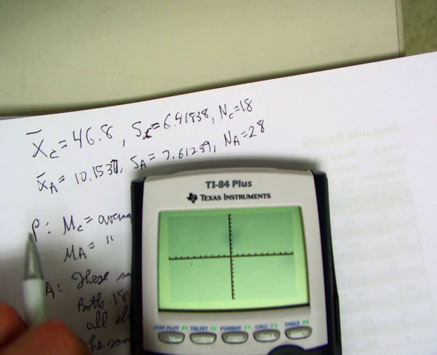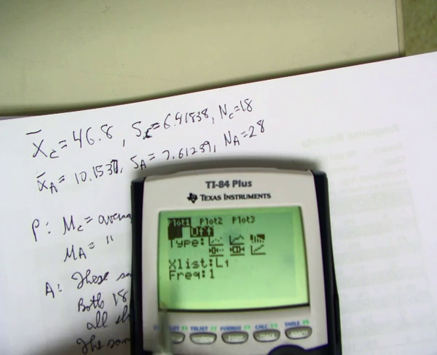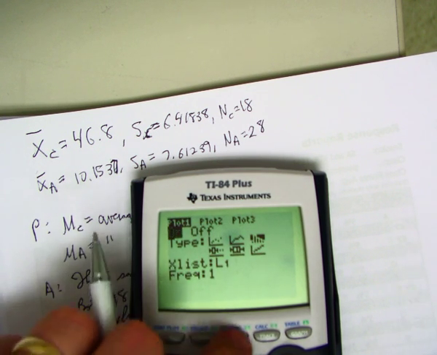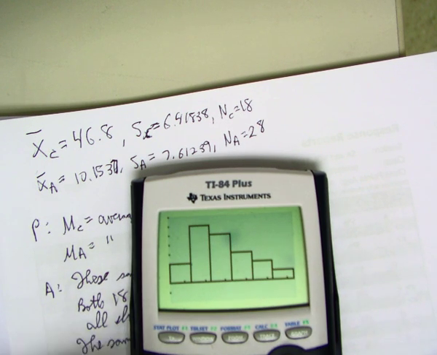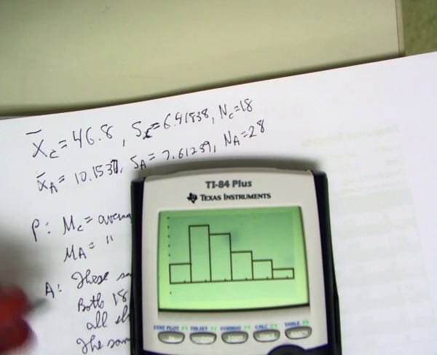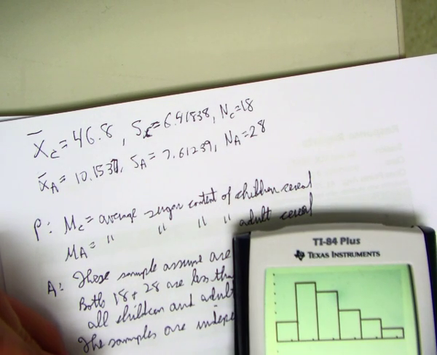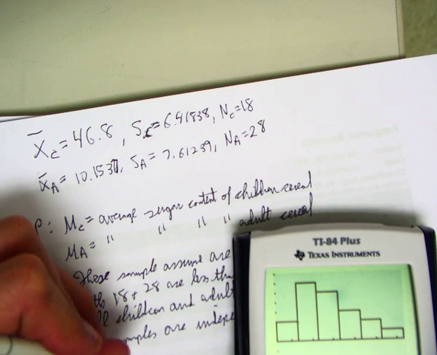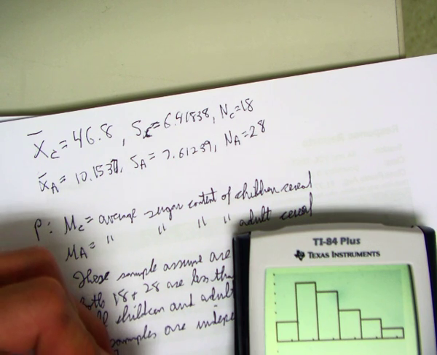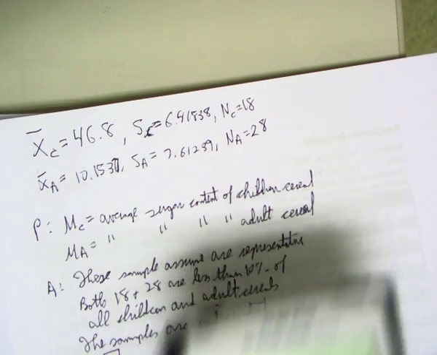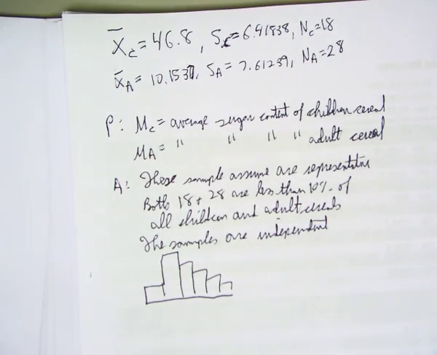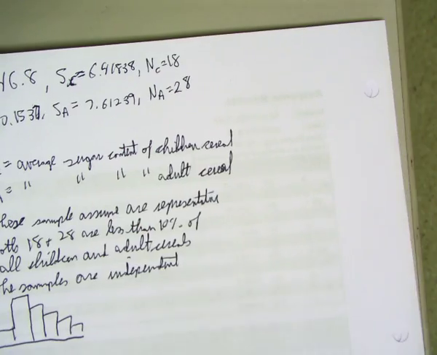We turn it on, then we go to zoom, stat. Okay, so we're going to copy that down on our paper. We're going to say, yeah, it's skewed, but roughly unimodal and symmetric.